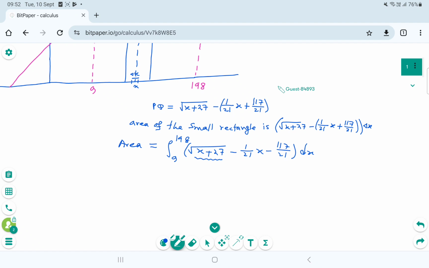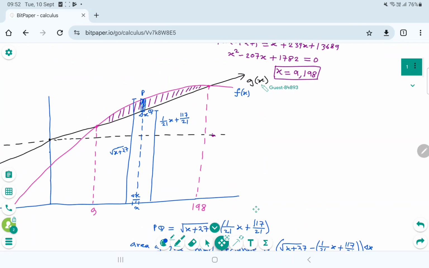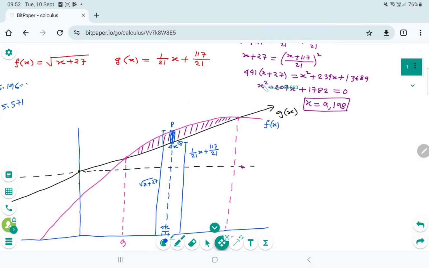Let's see what happened. I'm just taking the graph, the graph that I drew here.